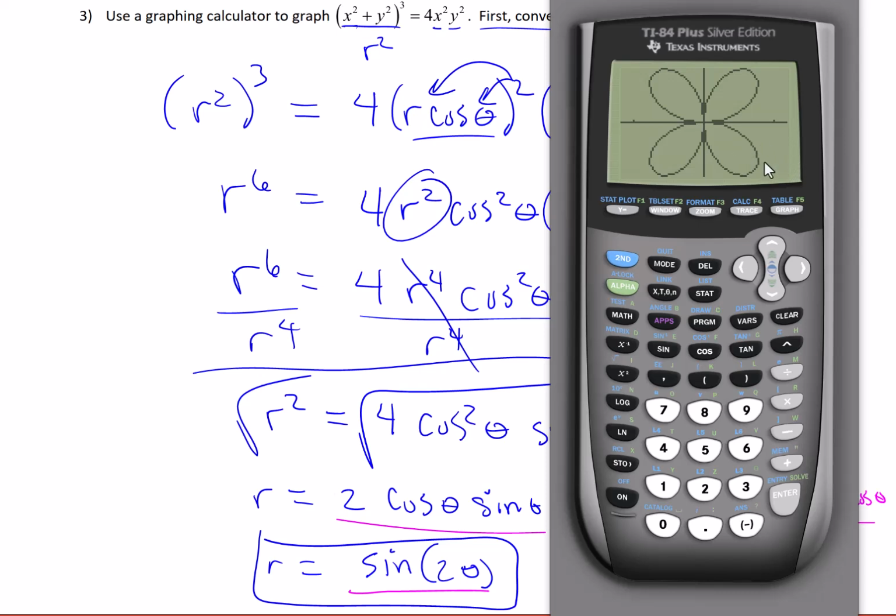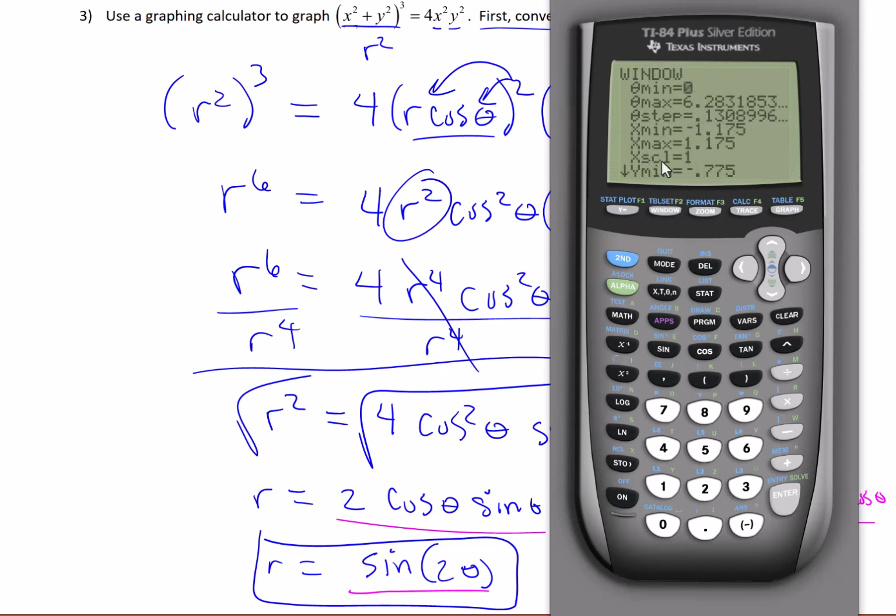Now, might we have more here that we're not seeing? Well, as we saw before, if you can identify when the graph starts overlapping itself by reproducing the same values for r, then you can usually spot when it may or may not be the full complete shape. So you could do that even just with a guess and check. I'll demonstrate that here.